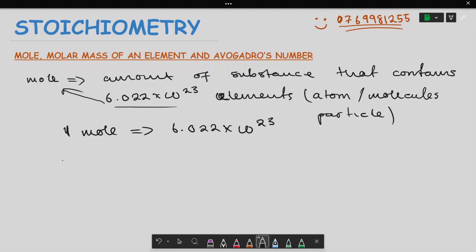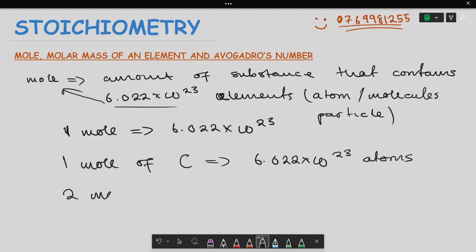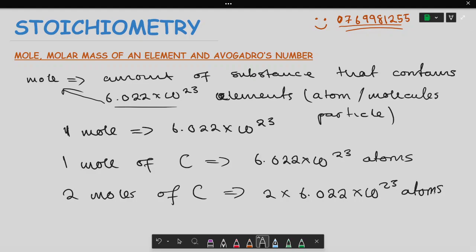Let's say, for example, we said 1 mole of carbon. This would mean that we are talking about 6.022 times 10 to the power 23 atoms of carbon. If we said 2 moles of carbon, it means that we're talking about 2 times 6.022 times 10 to the power 23 atoms of carbon.